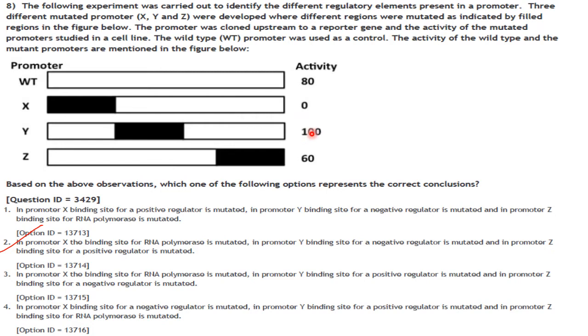That is how you got this particular answer. Then Z is the binding site for a positive regulator or the activator. That is why when it got mutated, you got only 60% activity, less than the 80% in wild type. So that is the reason for answer 2.